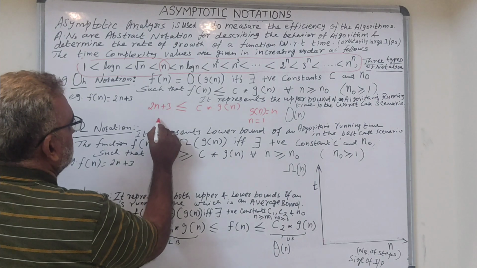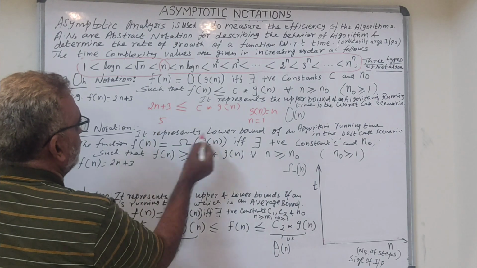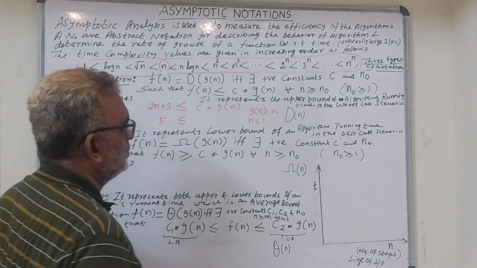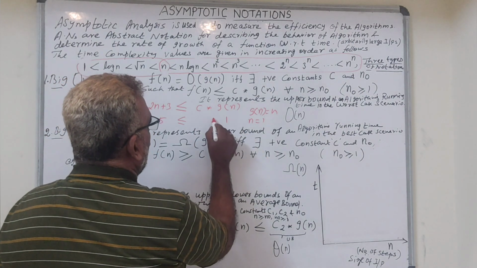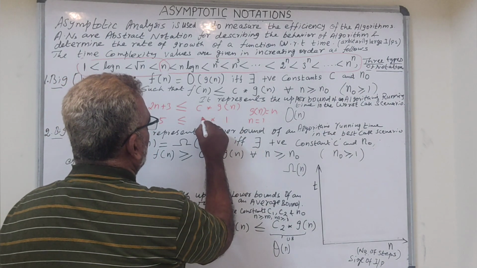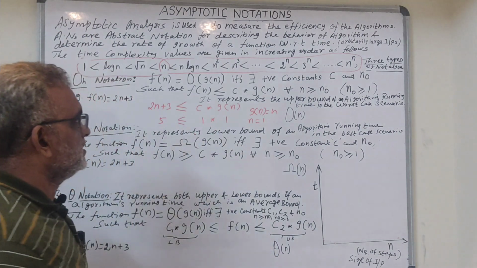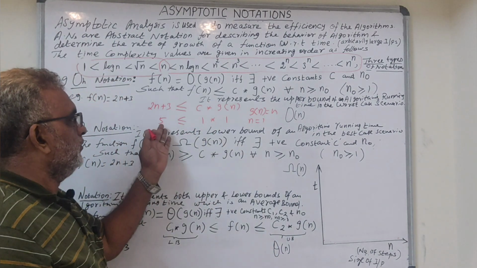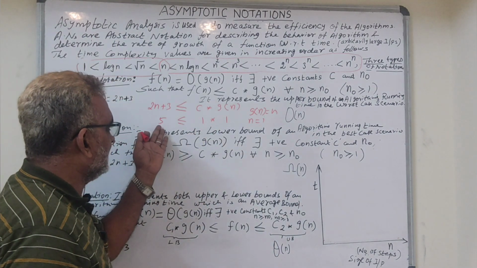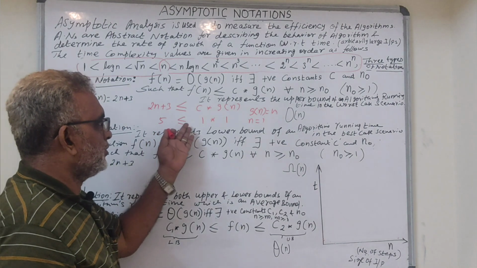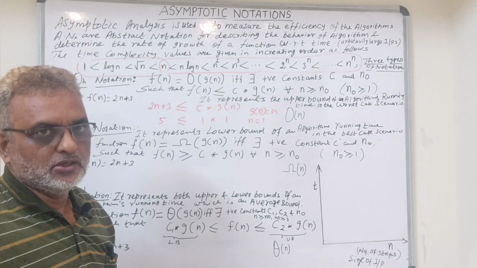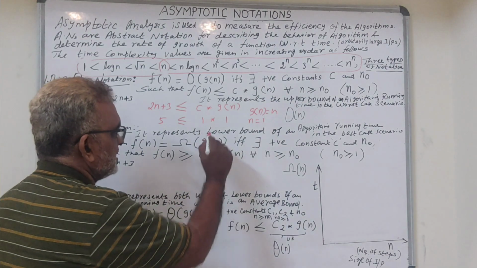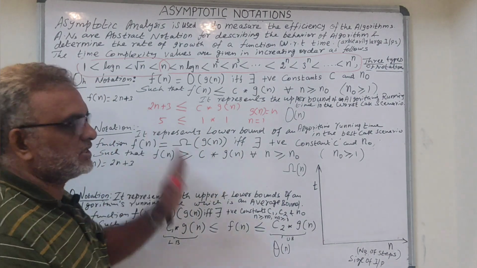So here this is 5 less than or equal to, and this is 1, and if you substitute a value 1 for this constant c, we get 5 is less than or equal to 2. Okay, so the condition is not satisfied, the condition is false.